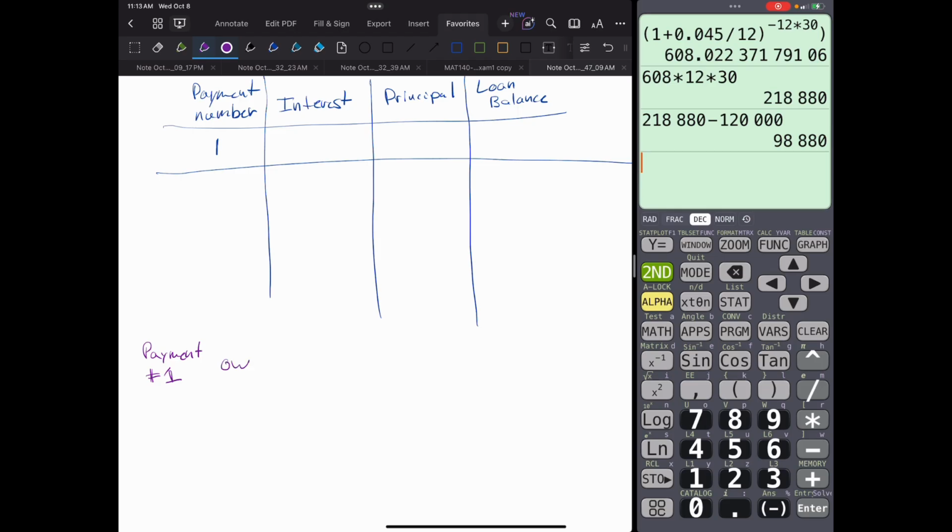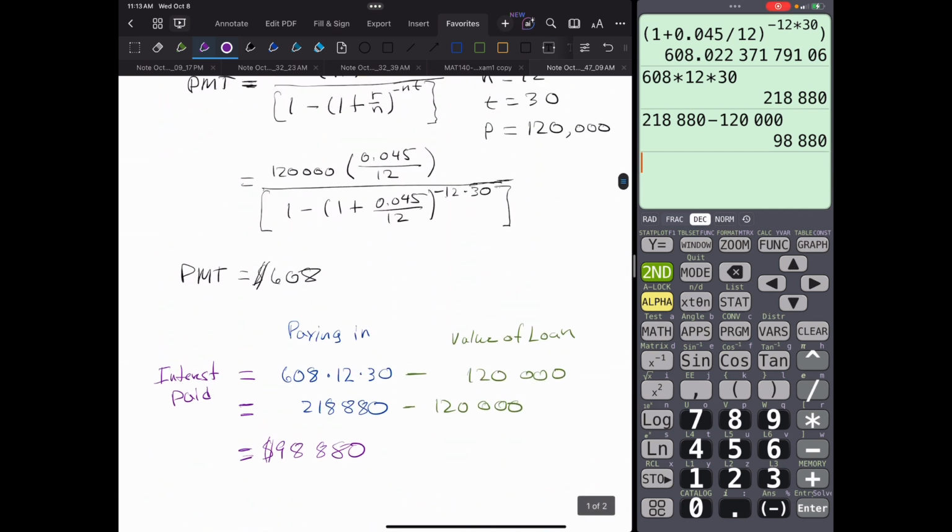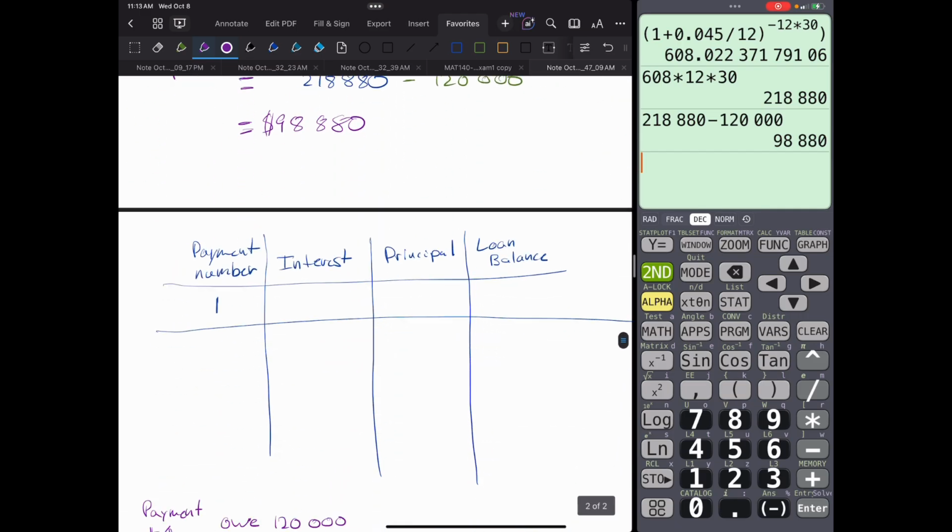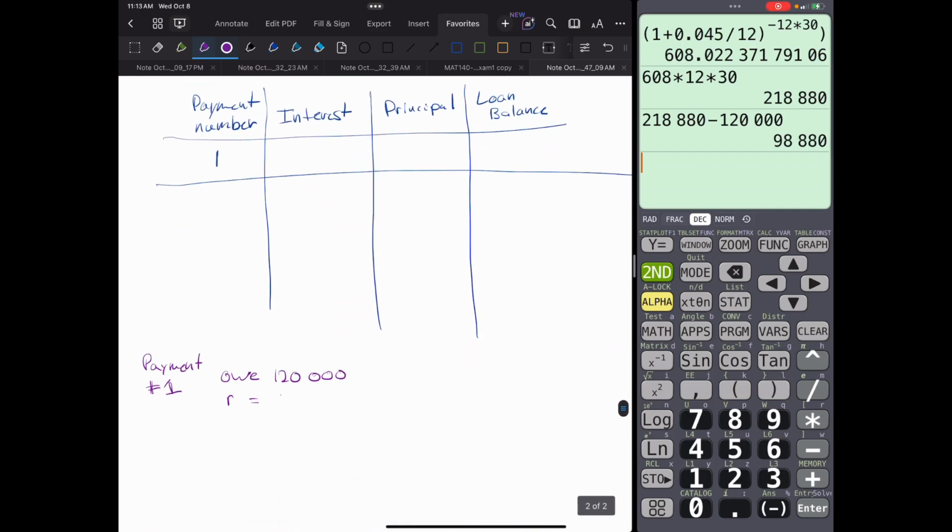So I owe $120,000 at the beginning of this. The interest rate for that month equals the interest rate, which I believe was 4.5%, right? Let's scroll up here. Yeah, it was 4.5%, so 0.045. But we're talking about this month, not the whole year. That's a yearly rate, so I need to divide that by 12 to get my monthly rate.